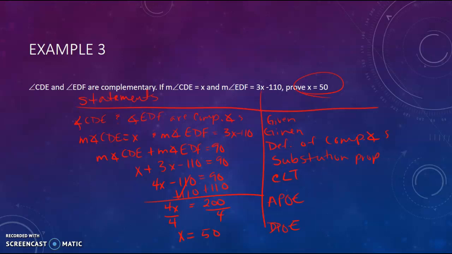Well, part of it is on our state test we have to be able to justify why we can make the steps or the moves that we can make. And this is us justifying. We're justifying that CDE plus EDF equals 90 because of the definition of complementary angles, and I'm justifying that I can make this next statement because of the substitution property. So by doing these proofs, we're working on that justification piece.